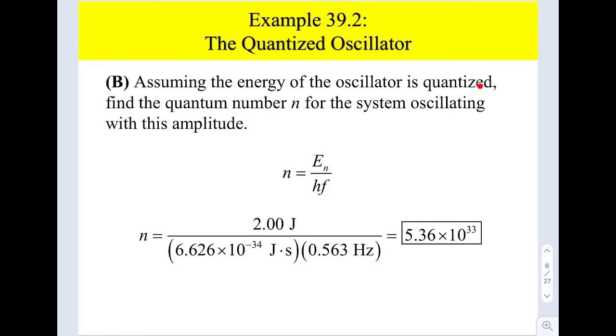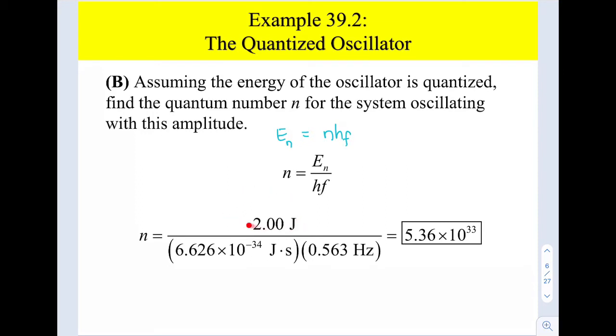B. Assuming the energy of the oscillator is quantized, find the quantum number n for the system oscillating with this amplitude. So as we know, n is the order, also known as the quantum number. E for the n order is equivalent to nhf.